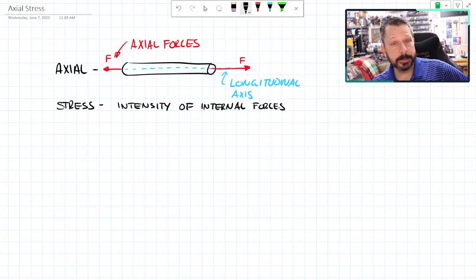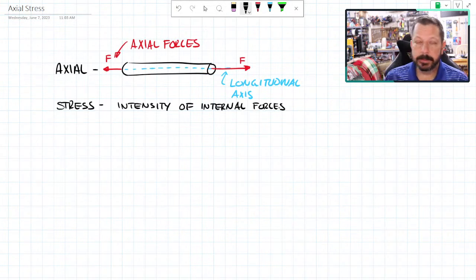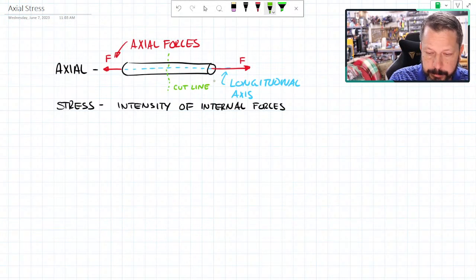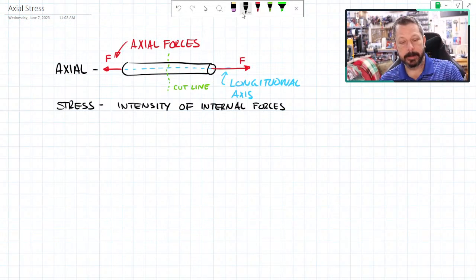So what we usually have to do is, in order to see what's going on inside the object, we need to cut it open. So I'll do something like, let's draw a green line. That'll be our cut line. And I'll cut open, you know, figuratively. I'll imagine I may even draw the cut open rod.